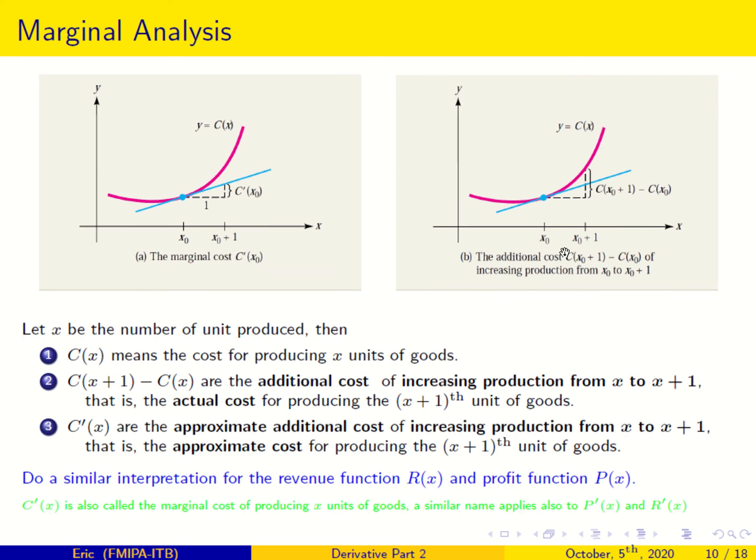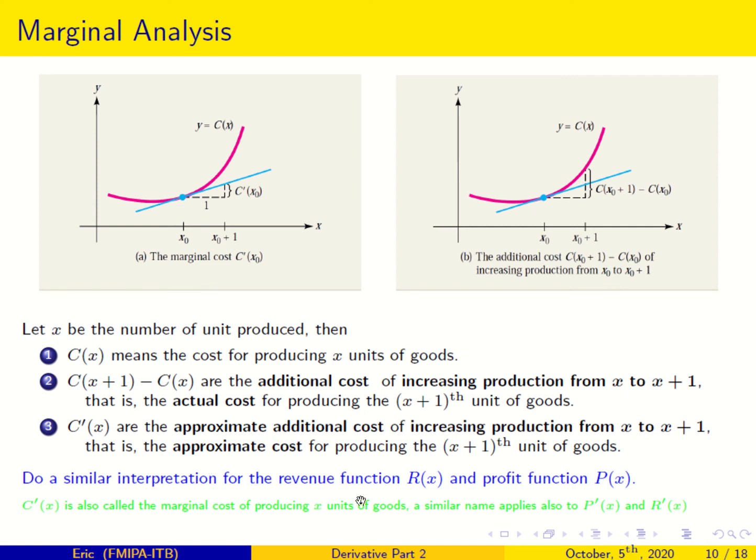So C prime x is the approximate additional cost of increasing production from x to x plus 1, that is, the approximate cost for producing the x plus 1 unit of goods. This is the actual cost, and that is the approximation. But this is a good approximation.